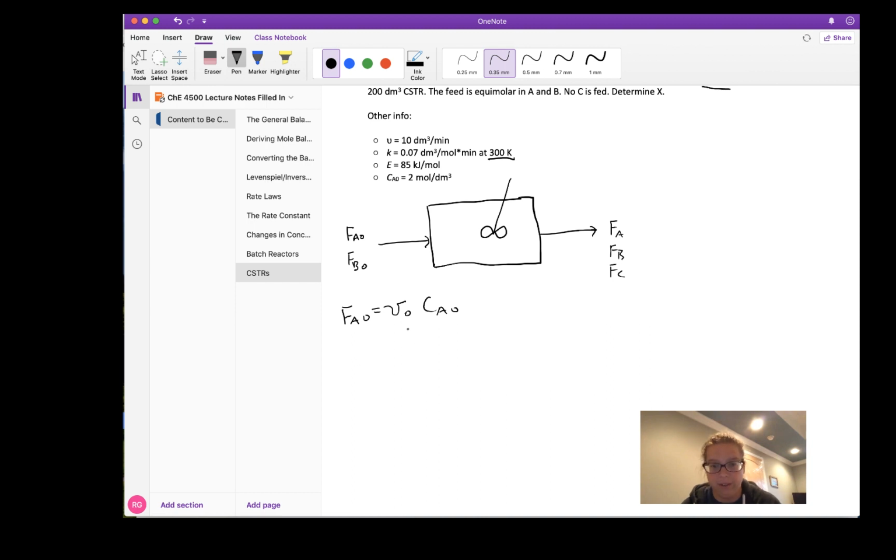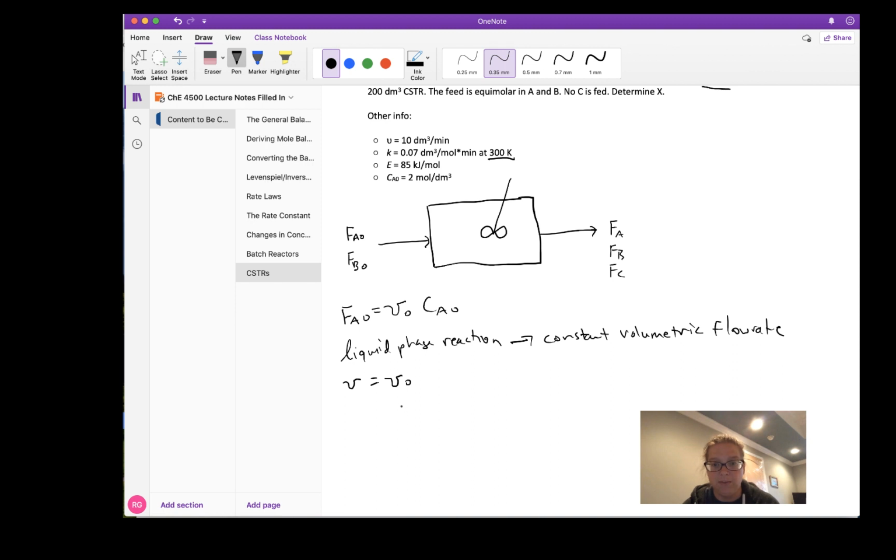This is a liquid phase reaction. Because of that, constant volumetric flow rate. So script V equals script V naught.